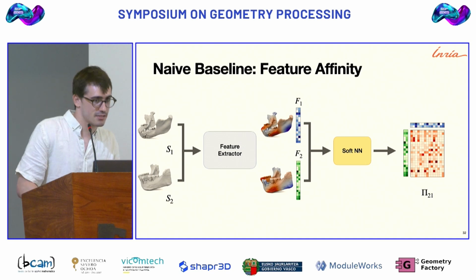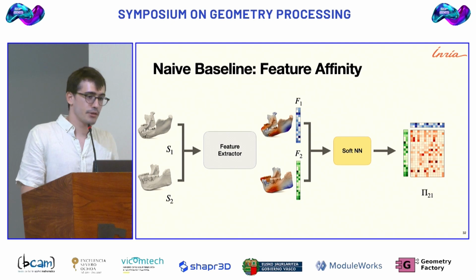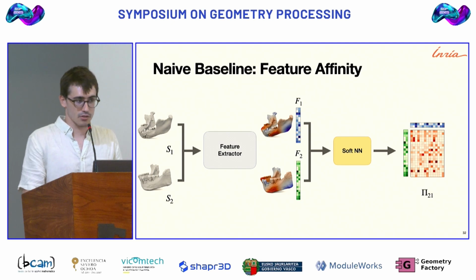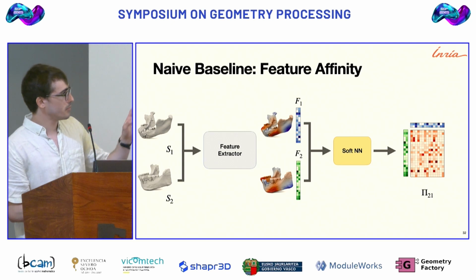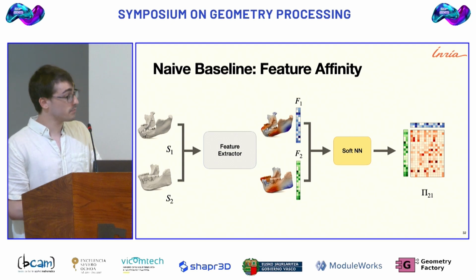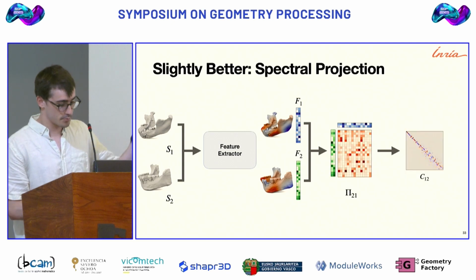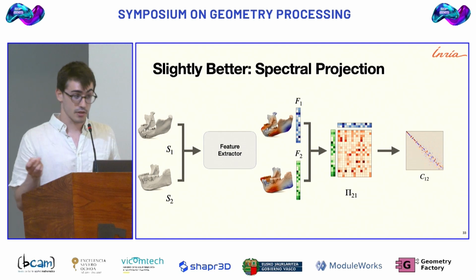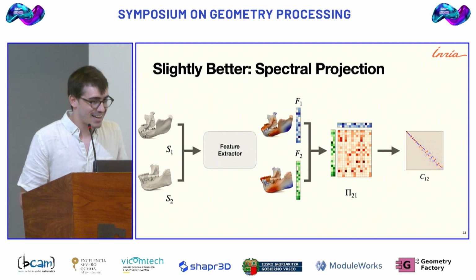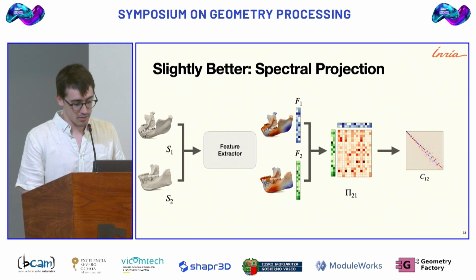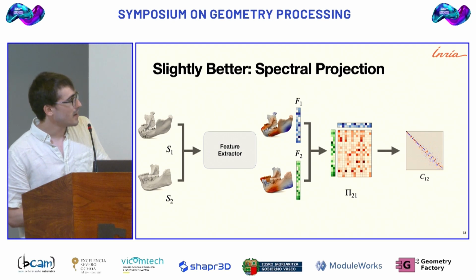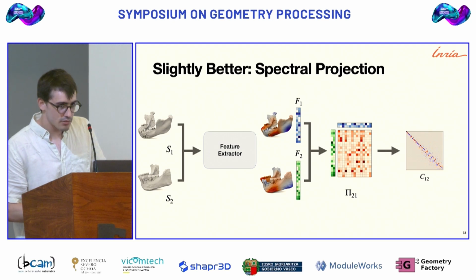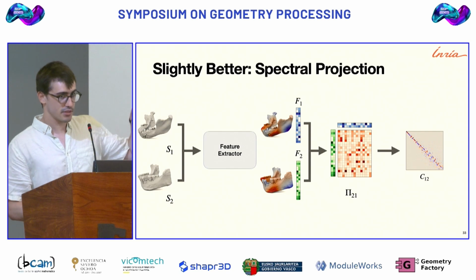The gradient here is still going to flow in a terrible way, because either you are at the right point or you are not. There's no 'I'm close, I'm almost there'. There's no geometric information at all. But maybe we can transform this kind of soft correspondence into a functional map and then do things. It kind of works, but there's still an issue, and I believe it's again because the gradient flow is not too good when you just have this.